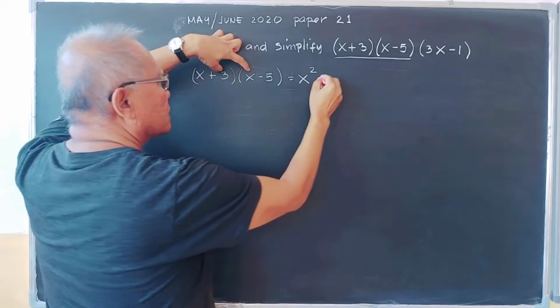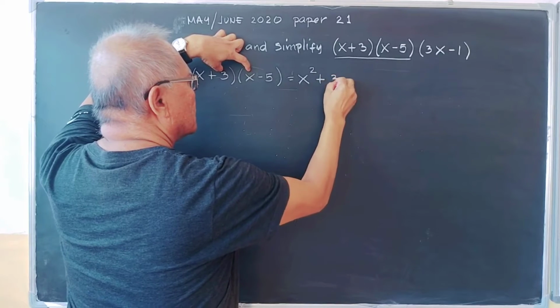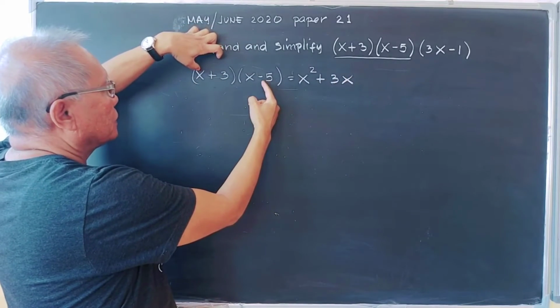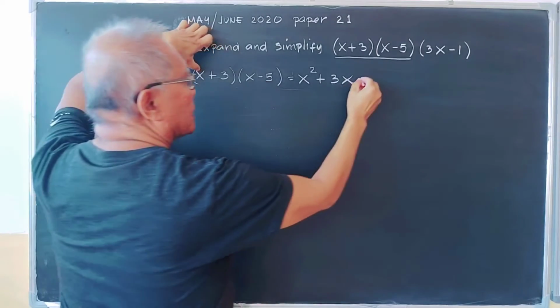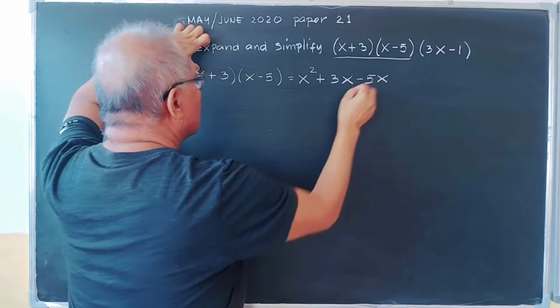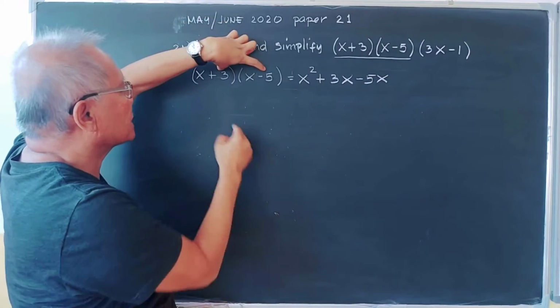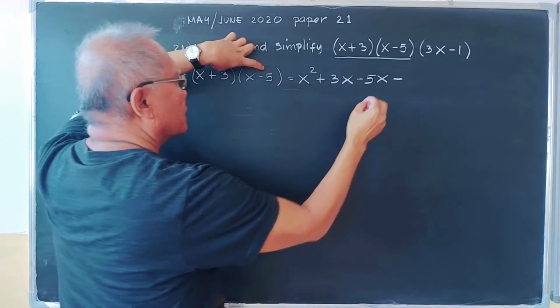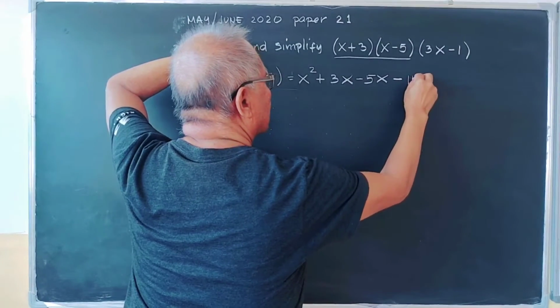Positive 3 times x is positive 3x. Now let's have the outer. Negative 5 times x is negative 5x. And we have the last times the last. Positive times negative is negative, 3 times 5 is 15.